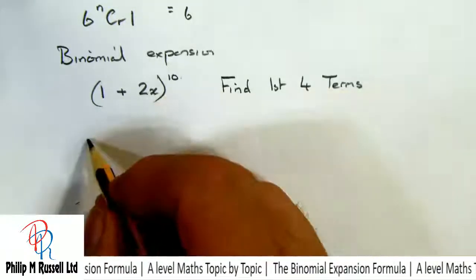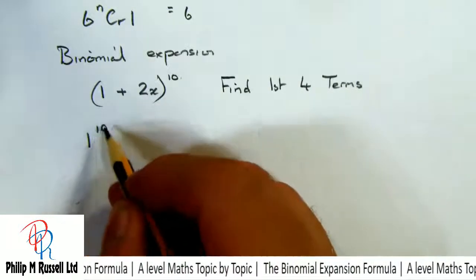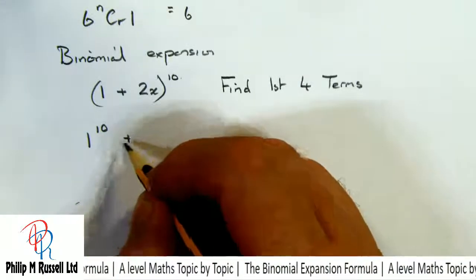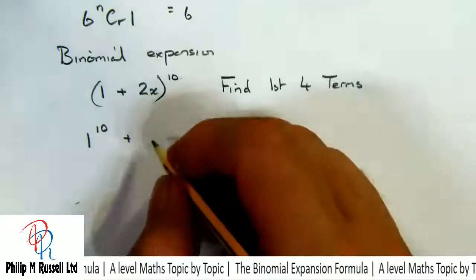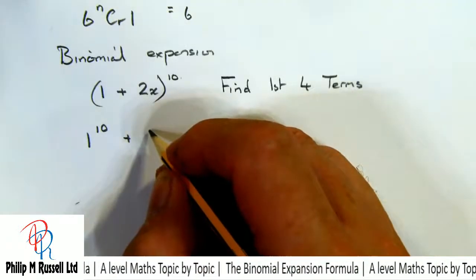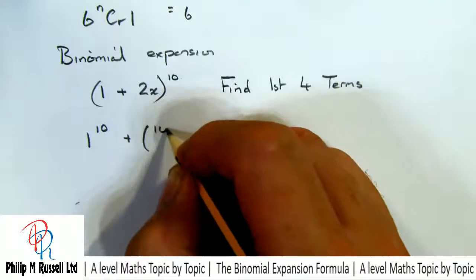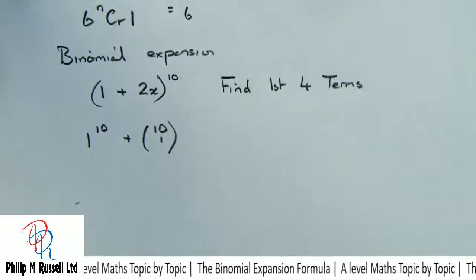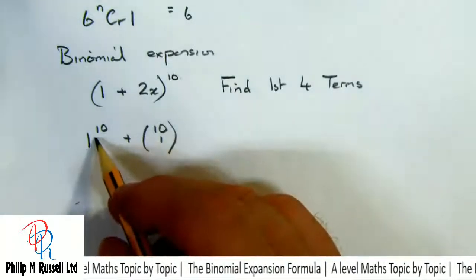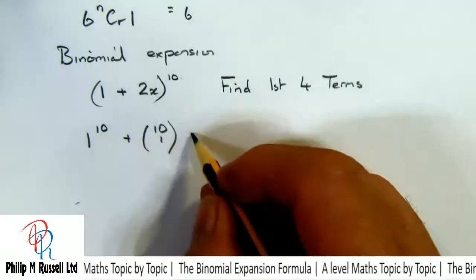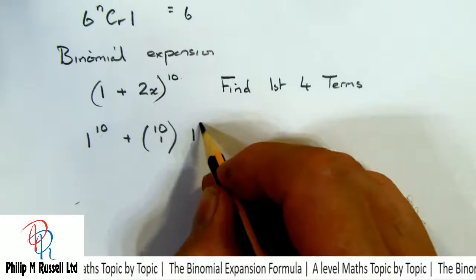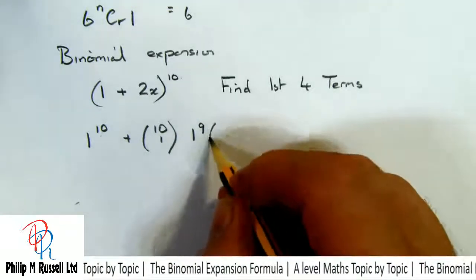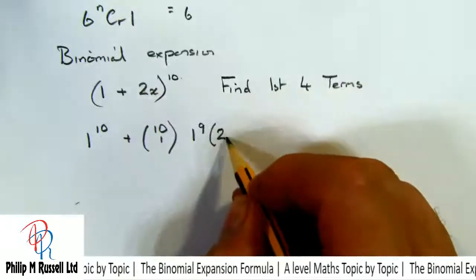Well, my first number is going to be really easy. That's just going to be 1 to the 10. My second number is going to be my nCr, which I can write as 10 choose 1, and that's going to be multiplied by 1 to the 9, because the powers go down, and we're also going to multiply that by our next number, 2x.